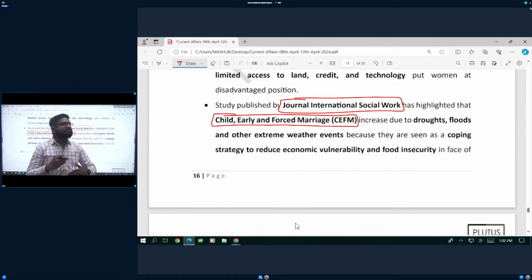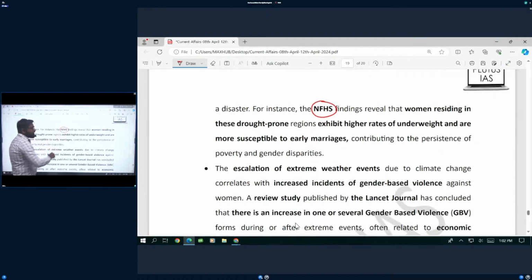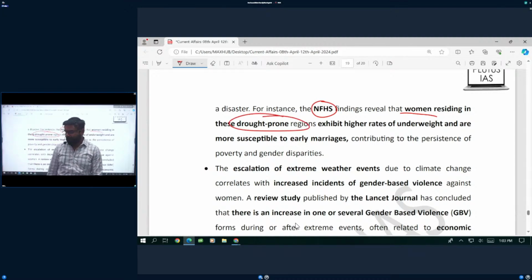Whenever there is an extreme weather event, the chances that a girl child will be married early, that is child early and forced marriages, always increase proportionally. इसका इंडिया में जो एग्जांपल है वो एनएफएचएस ने फाउंड किया है, नेशनल फैमिली हेल्थ सर्वे, द गवर्नमेंट ऑफ इंडिया सर्वे. They have found the women residing in drought prone areas are always married early, because there is a common theme, we live in a patriarchal society.